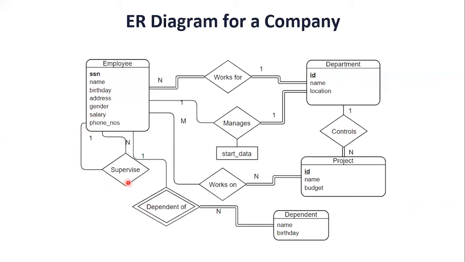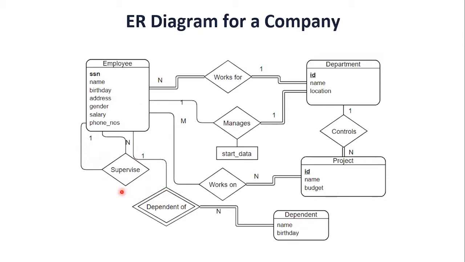And also there's another relationship between employee and employee itself, that is supervise. So that indicates an employee can have another employee as the supervisor. So that's a one-to-many relationship. So a certain employee may supervise many other employees.